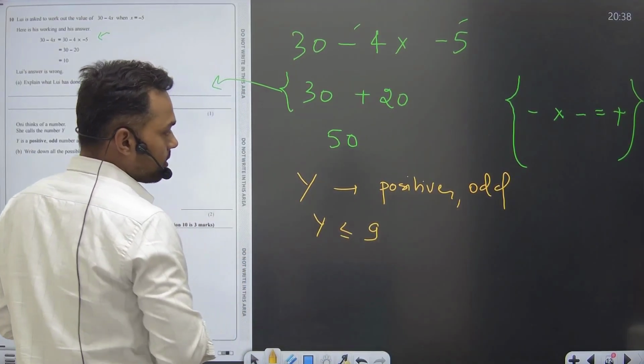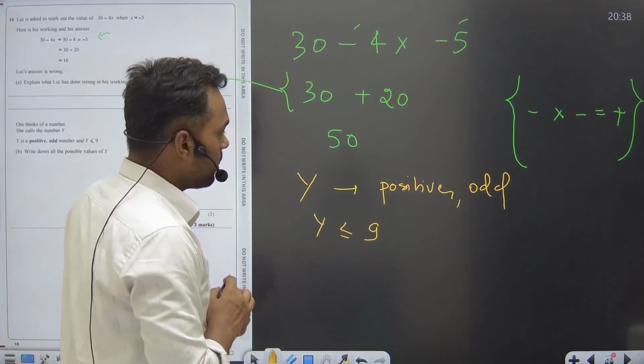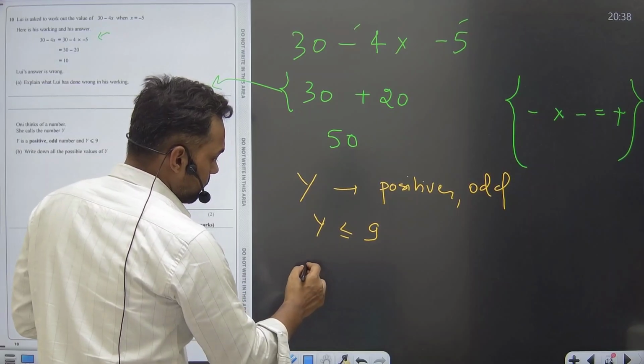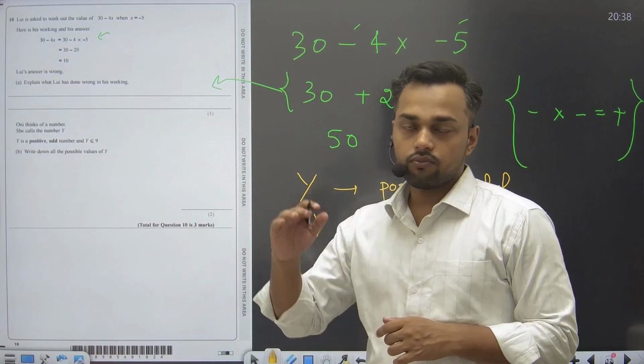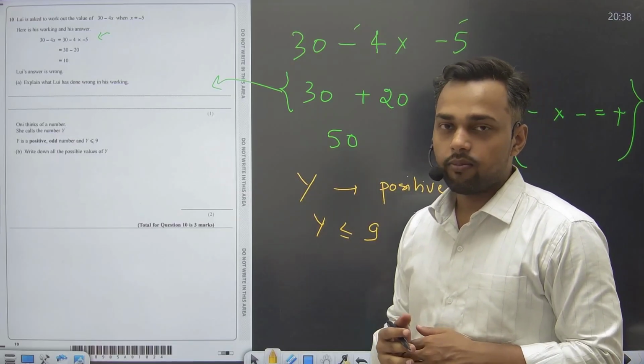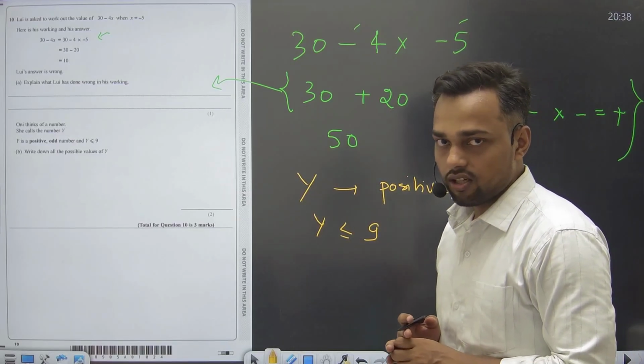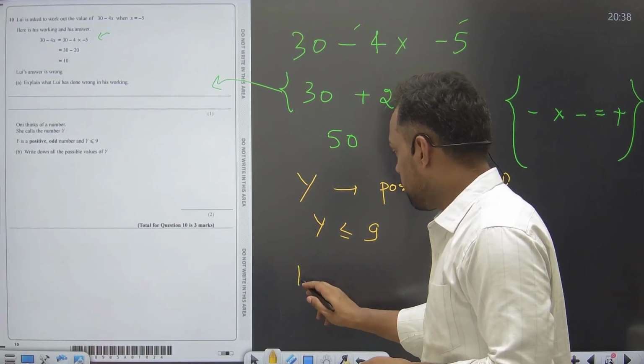So how many numbers are possible? Odd numbers are possible here. An odd number is a number that can't be divided by 2. So the first odd number will be 1.